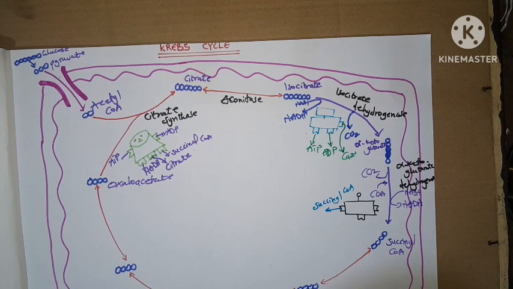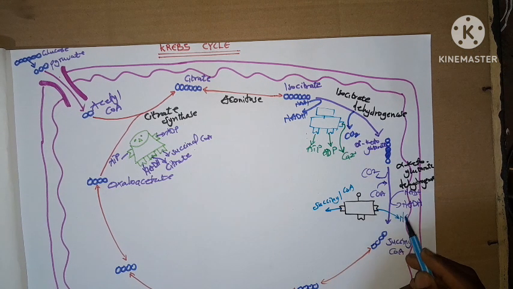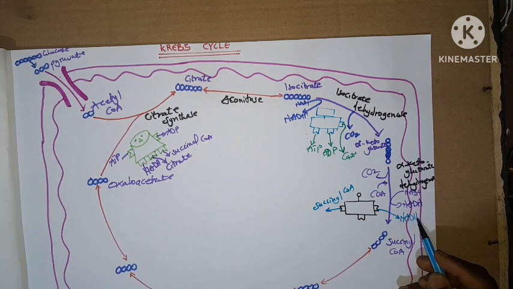And also too much NADH, as a result of converting too much alpha ketoglutarate to succinyl-CoA, can also inhibit this enzyme.